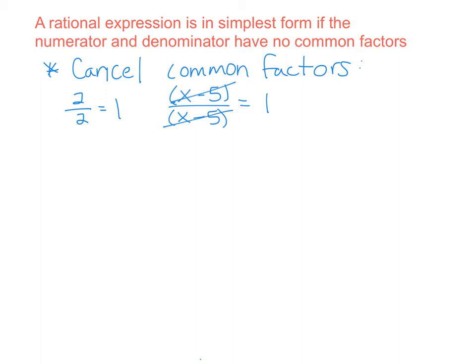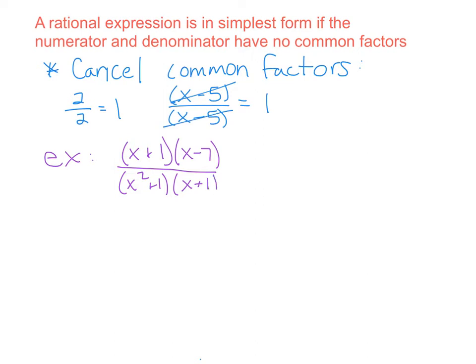So, for example, if you have x plus 1 times x minus 7 over x squared plus 1 times x plus 1. Okay, we can't cancel everything, but we can cancel the quantities that are the same.